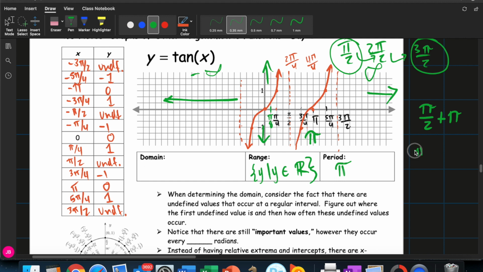Can it be pi over 2 plus pi and pi over 2 plus 2 pi and pi over 2 plus 3 pi's? Yeah, it's going to be infinity pi. So the way we're going to denote that is we're going to say it's going to be at pi over 2 plus n pi, where n is a number, an integer, a variable.